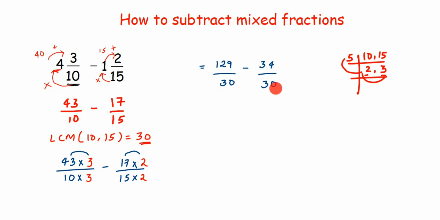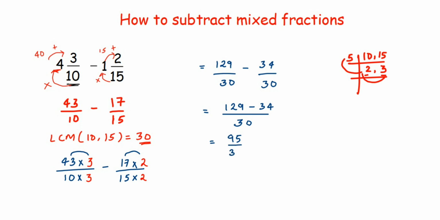They are like fractions, so we can easily subtract. When subtracting like fractions, the denominator remains the same, in this case 30, and we just subtract the numerators. 129 minus 34 is 95. We get 95 over 30.